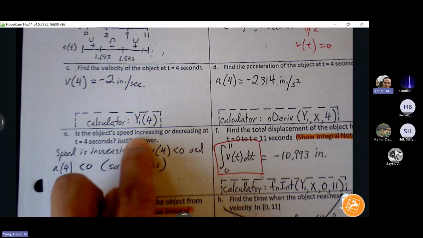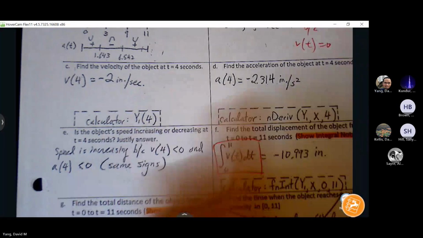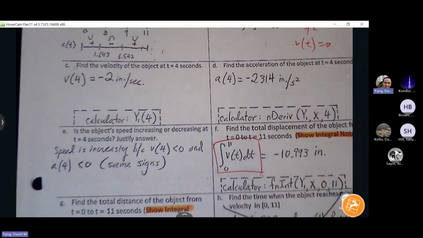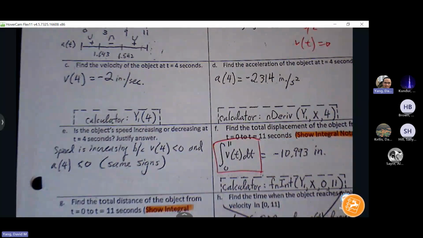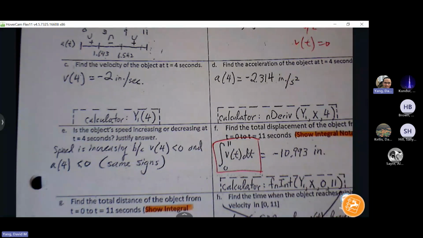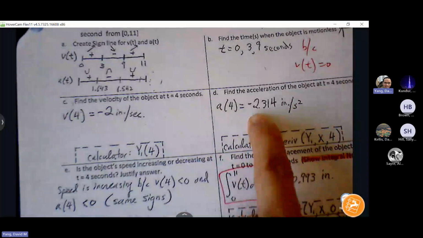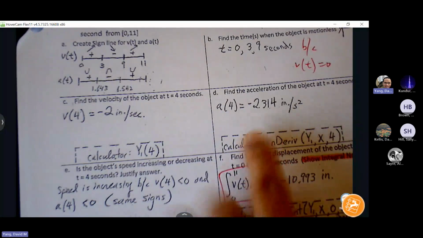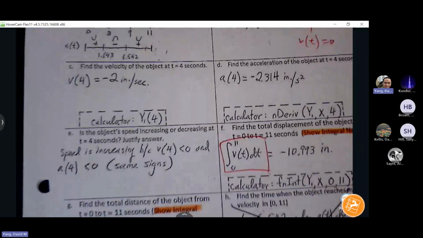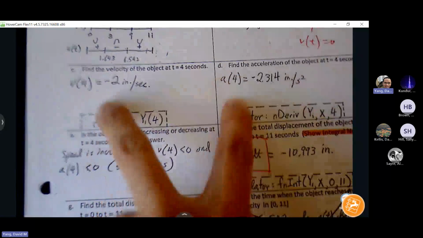This is not really talking about velocity. It's talking about acceleration. I know it's kind of tricky there. Velocity increasing is asking about the rate of change of velocity, so that's acceleration. So then you look at the acceleration, either the acceleration sign line, or you can just look at it from here, because it's negative. We don't compare signs if it's velocity increasing or decreasing. If it's speed increasing or decreasing, then we compare signs.